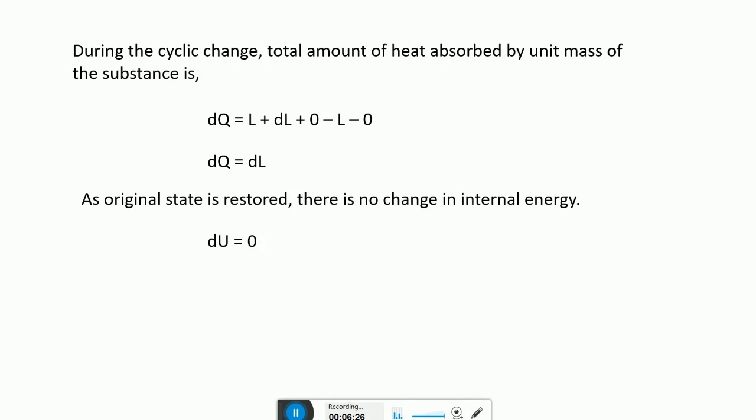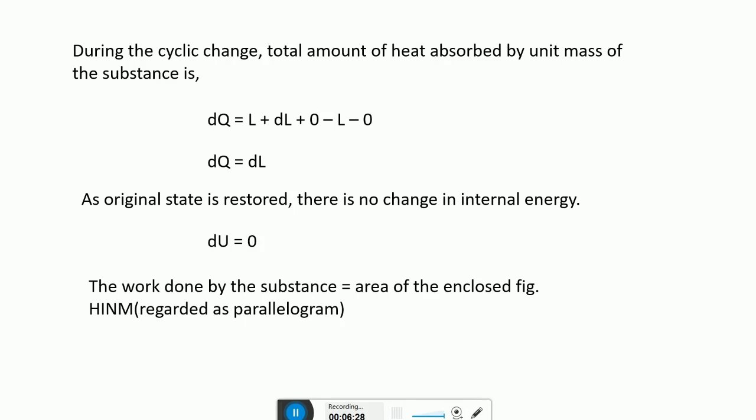And the work done by the substance is equal to the area of the closed figure HJNM, which can be regarded as a parallelogram. So dW is equal to the area of the enclosed figure, and the relation is base into height.